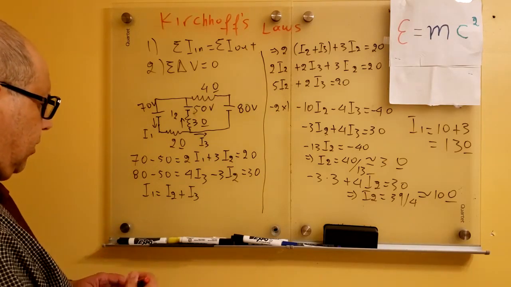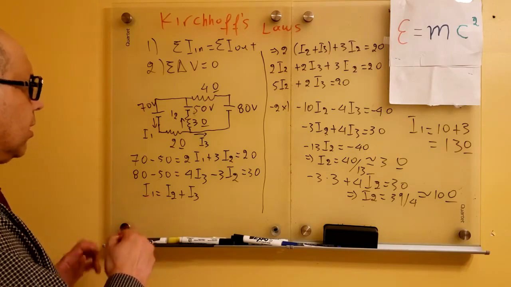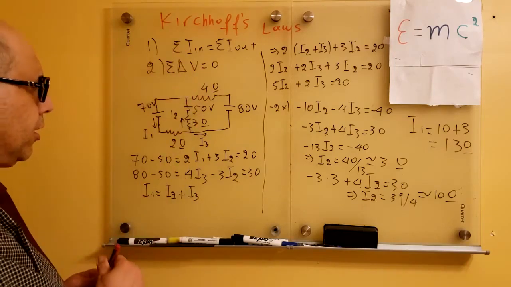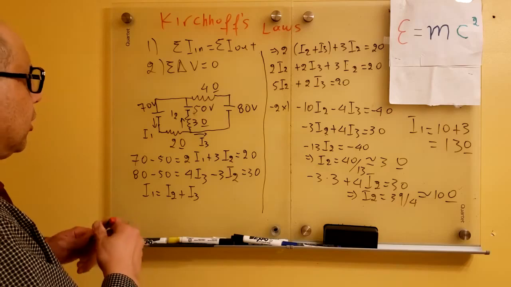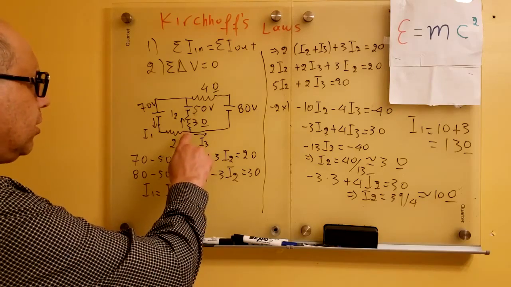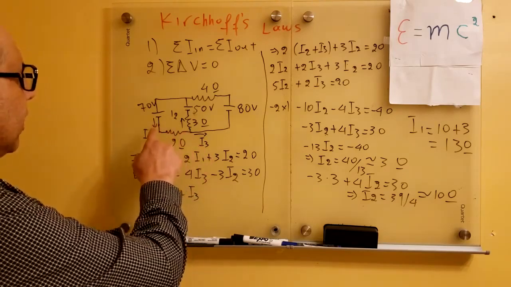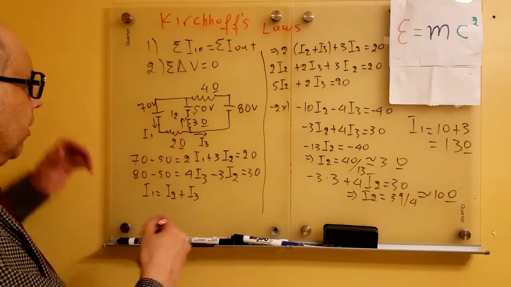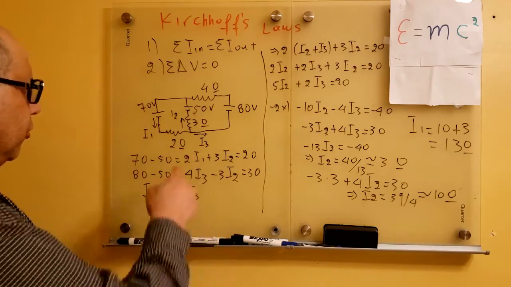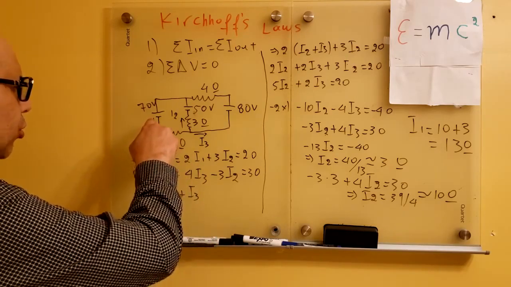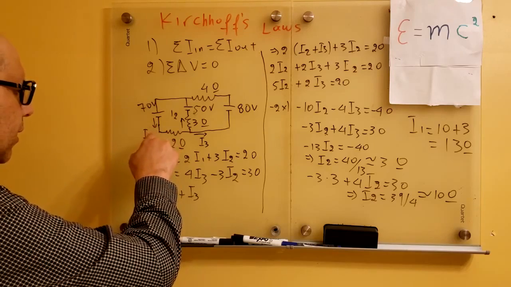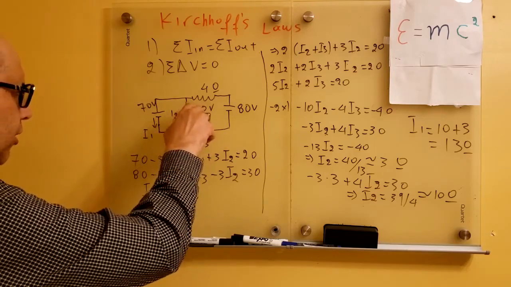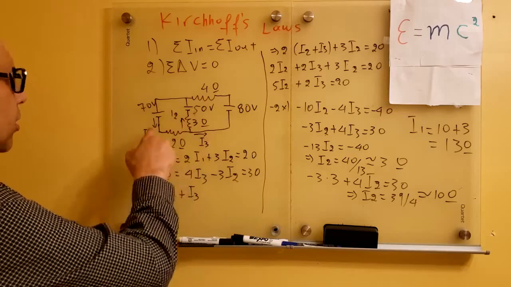So let's start from the last one, which has to do with the currents. If we take this junction here, first of all, let me draw the currents that are going through the different parts of this circuit.